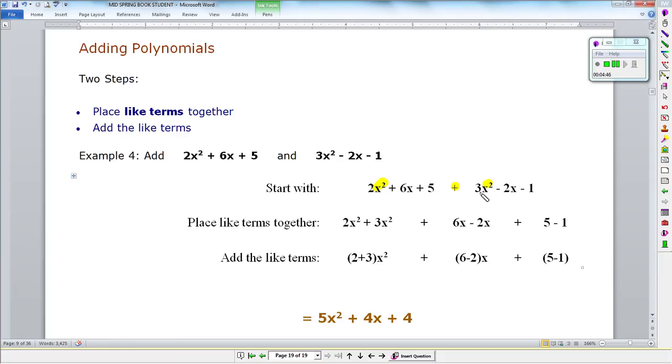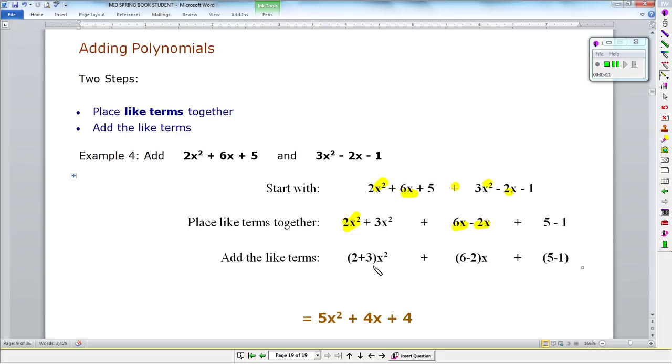They have different coefficients, 2 and 3, but they have the same variable and the same exponent, which is x with an exponent of 2. So we put them together. The 6x and the negative 2x are also like terms, so we put them together. And lastly, the constants are also like terms, just real numbers, so we put the two constants, 5 and negative 1, together.